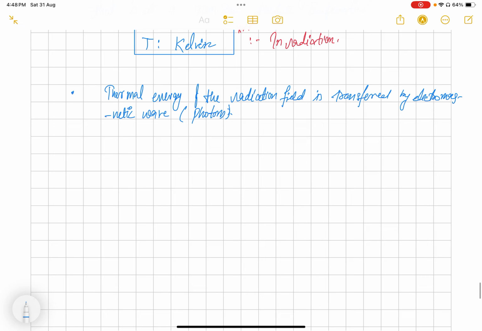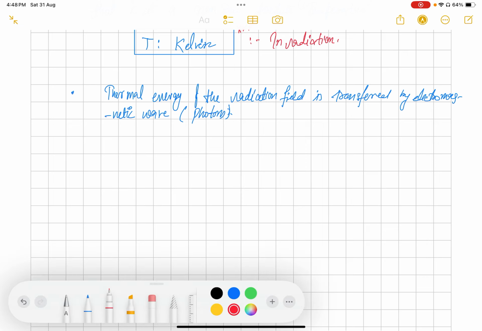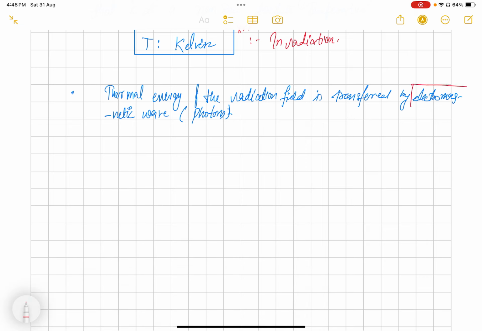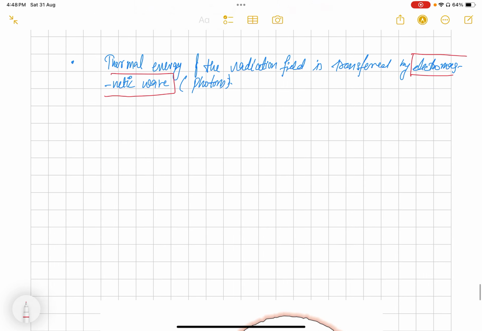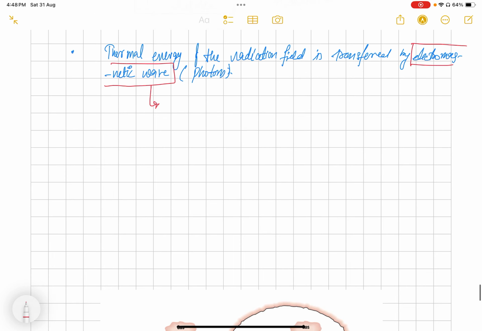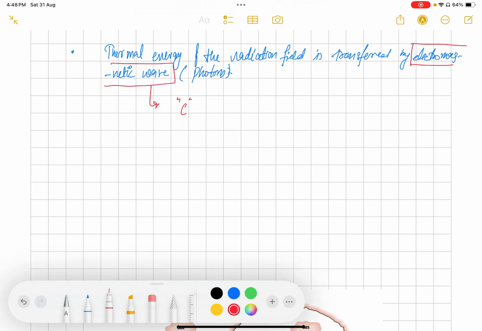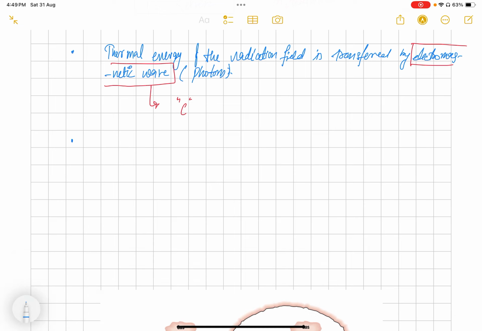Since it is transferred by the electromagnetic waves, and we know that electromagnetic waves travel at the speed of light, and the speed of light is the highest speed, that's why we say that radiation is the fastest mode of heat transfer as compared to conduction and convection. So radiation is the fastest mode of heat transfer.